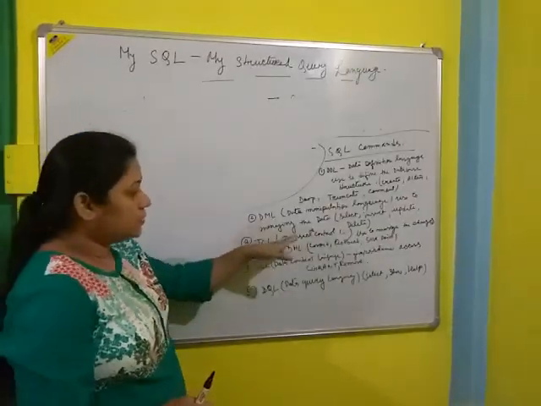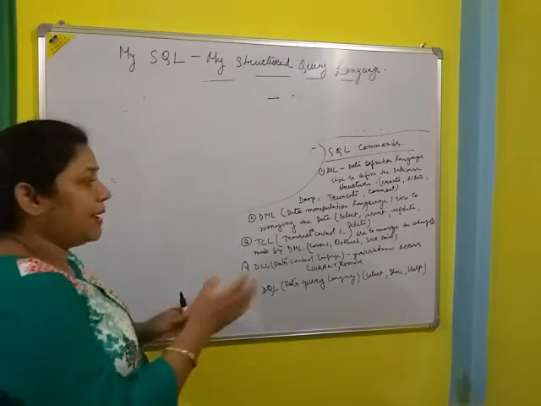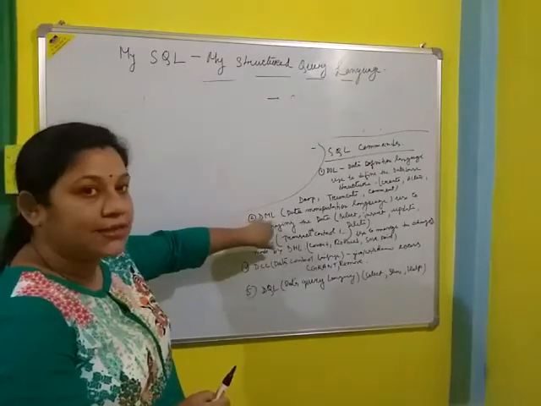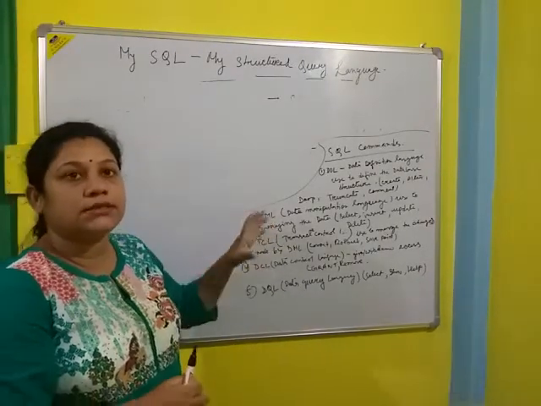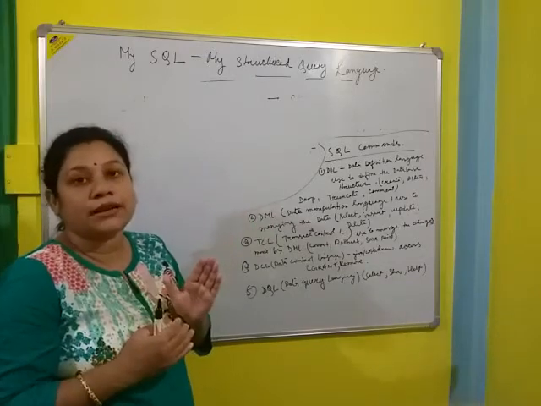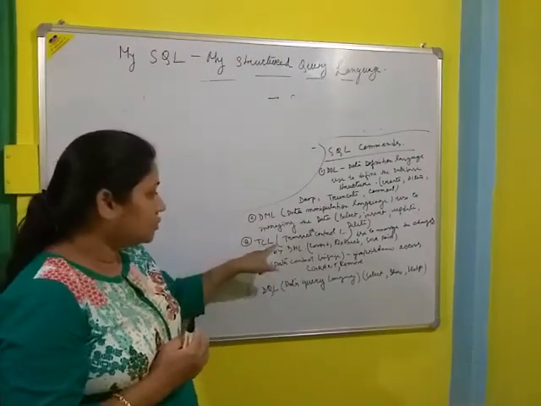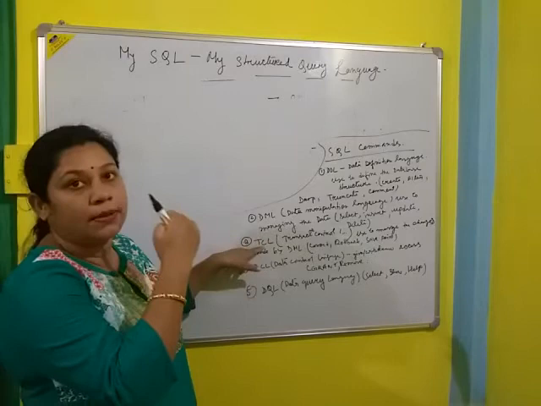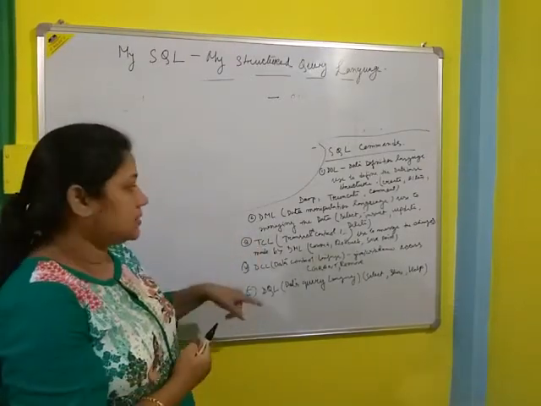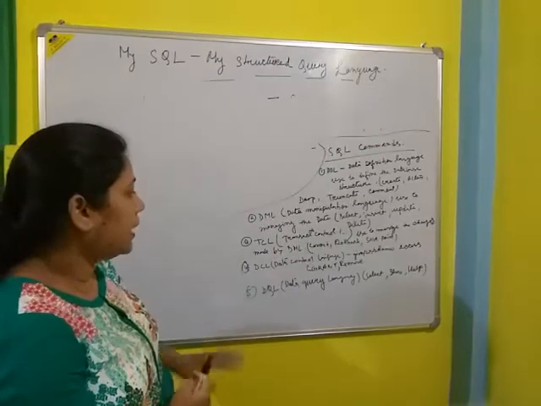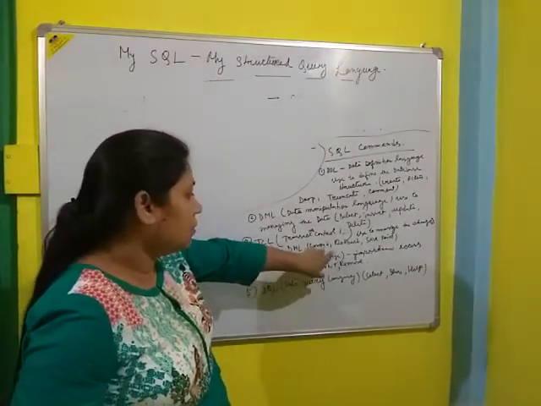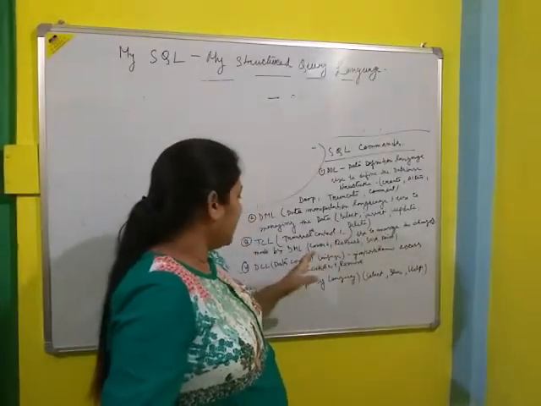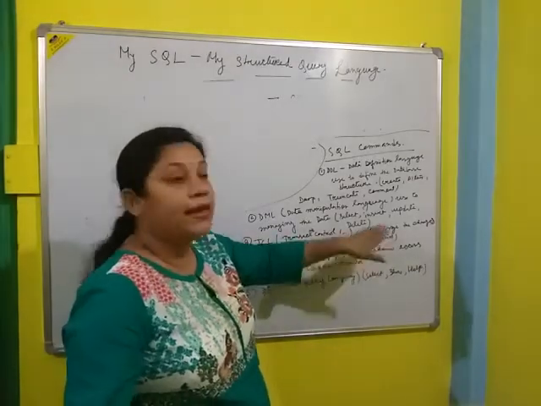Using the data manipulation language, we make some changes in the database, and these transaction control commands are used to manage those changes made by DML. There are 3 commands included in TCL: commit, rollback, and save point.